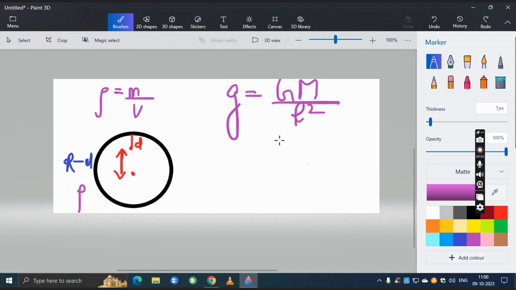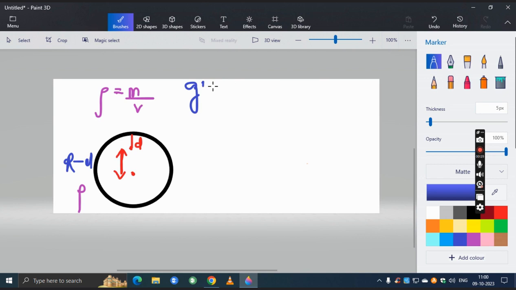Well, that's just r minus d. So g dash is going to be GM by r minus d whole square.